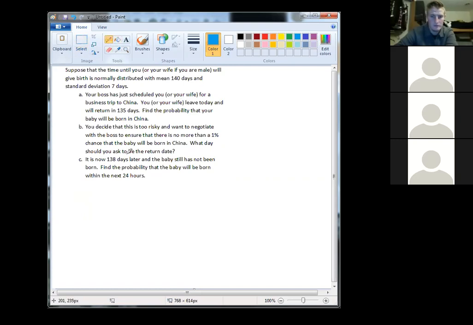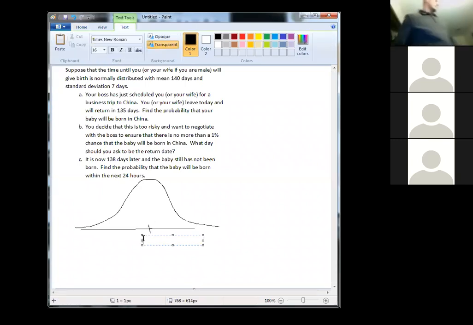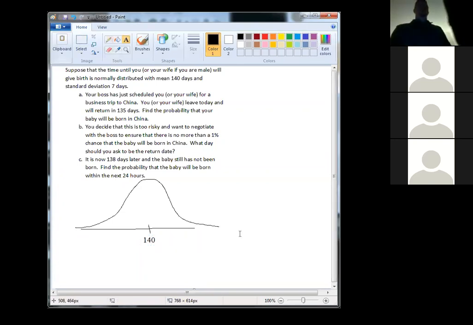Okay, so as always, we draw our beautiful normal curve. Now the mean is 140. And we want to find out if the baby's born in China. Basically 0 days is so far away from 140, we can call it negative infinity.